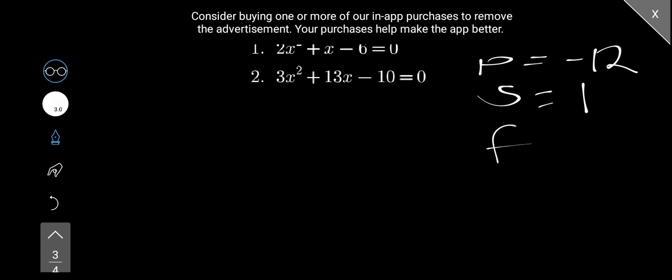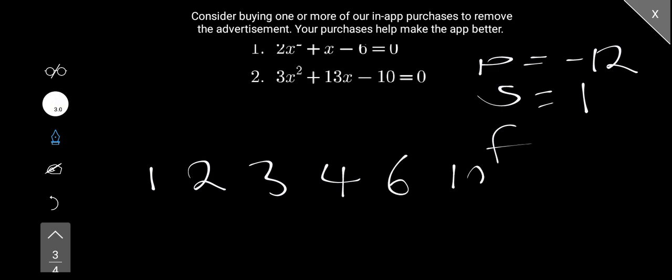So the factors of 12 are 1, 2, 3, 4, 6, and 12 itself, listed in numerical order from the smallest number to the biggest.